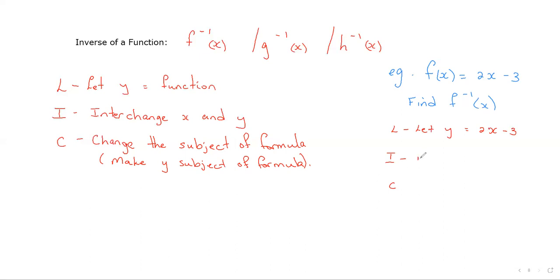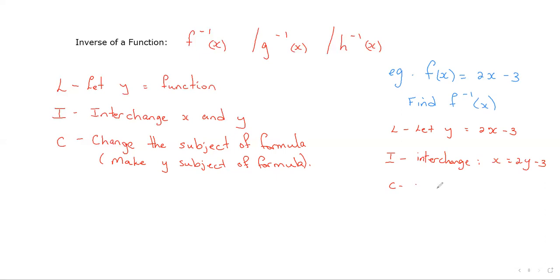Next step is you're going to interchange. So everywhere you have y, I'll put x. And everywhere you see x, I'll put y. Right, so just put in x where you see y and y where you see x.